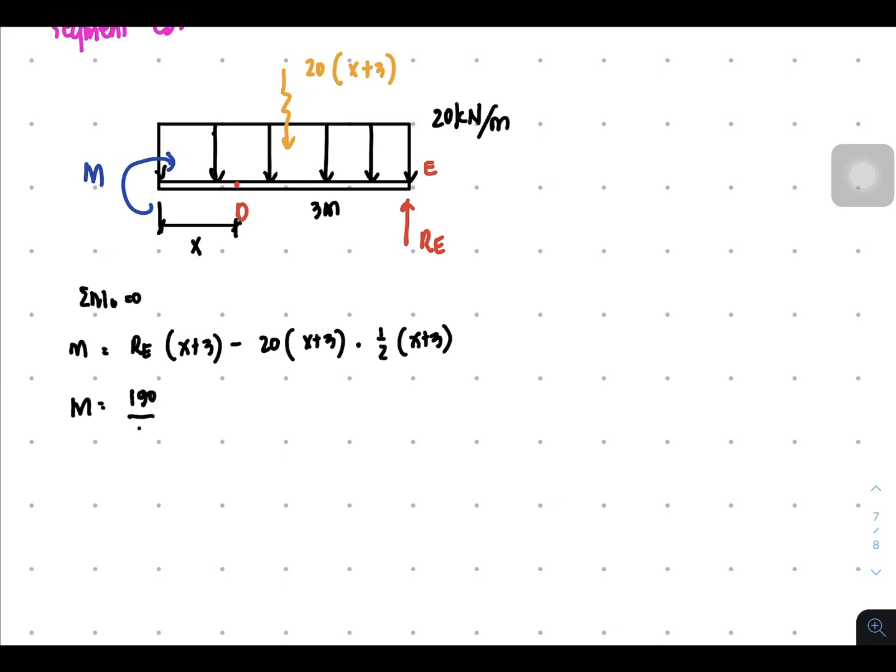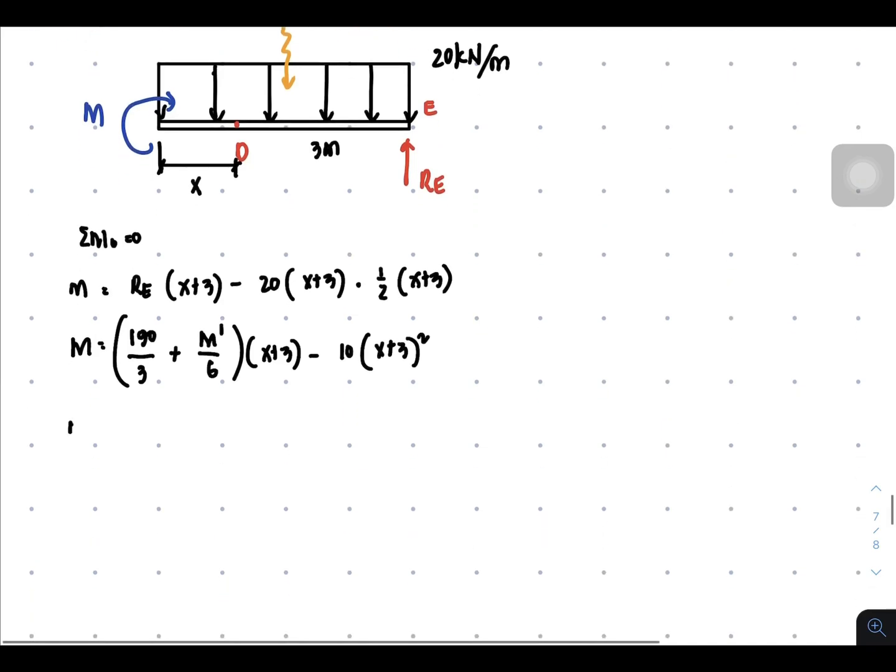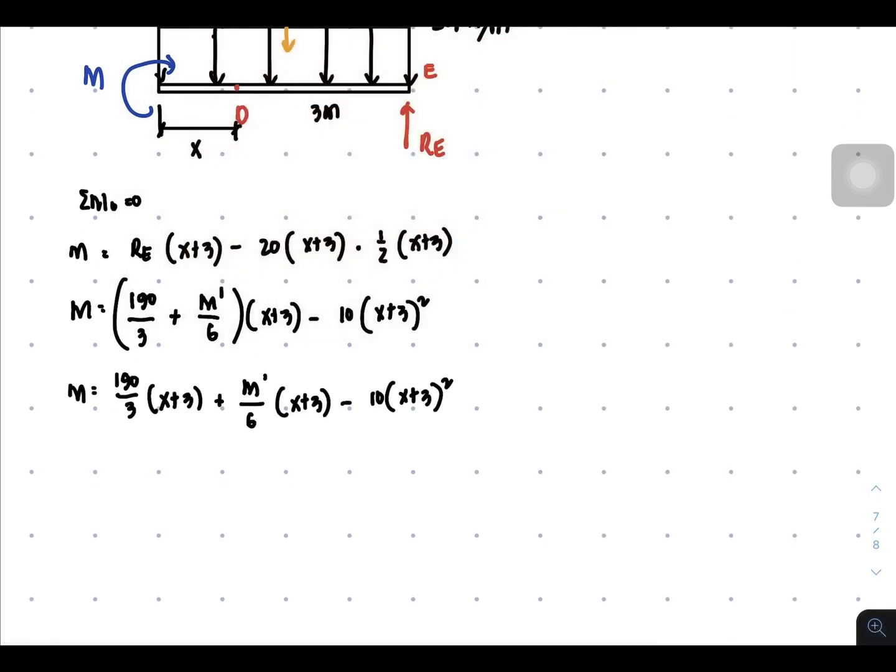And then RE is 190 over 3 plus m prime over 6 times x plus 3 minus 10 times x plus 3 square. And then you distribute the x plus 3, so it's now 190 over 3 times x plus 3, then plus m prime over 6 times x plus 3 minus 10 times x plus 3 square.